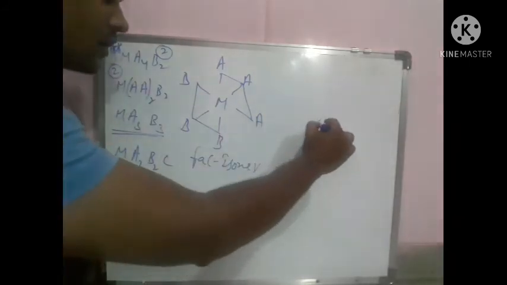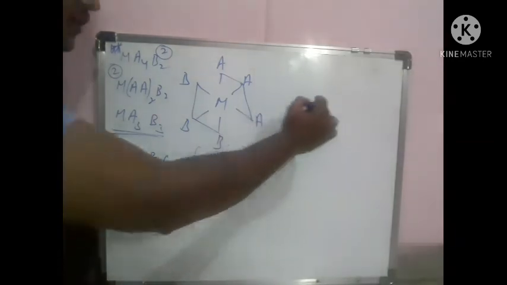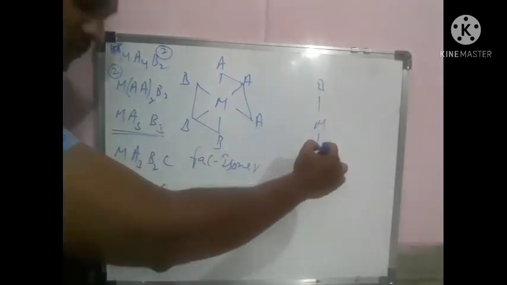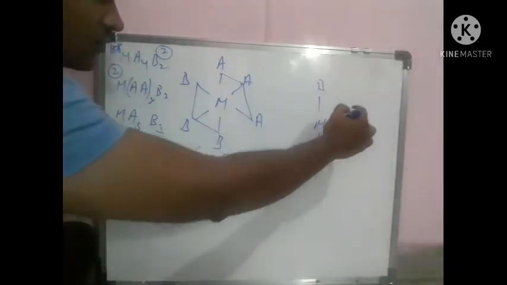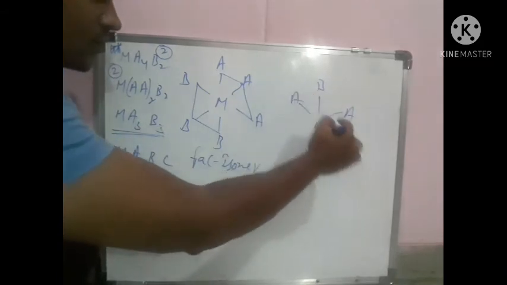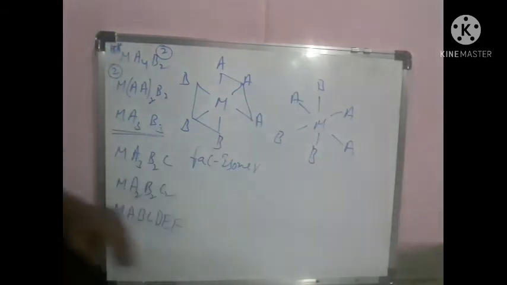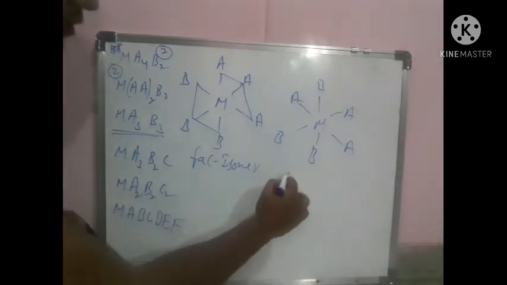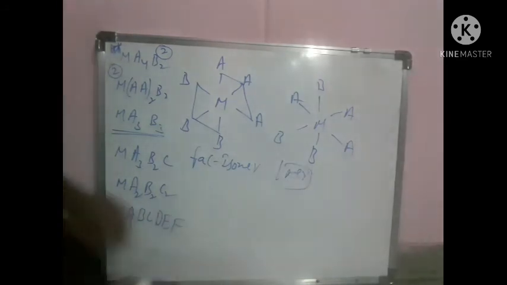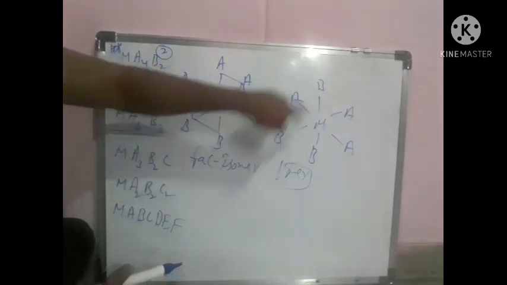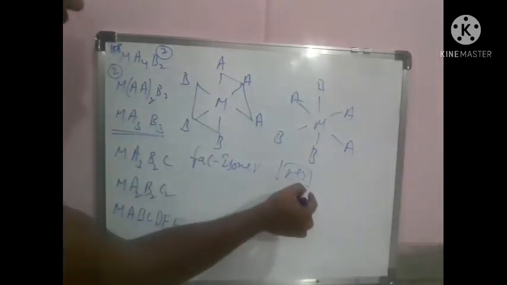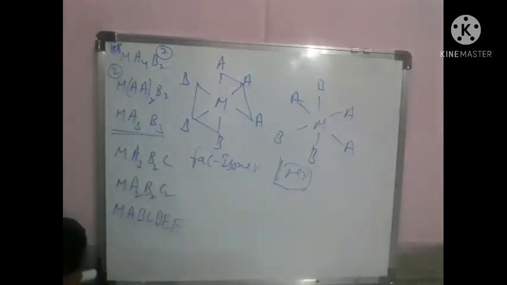And if it is occupied like this, it is called a mer isomer. Because that BB is in trans position, such a kind of isomer is called trans isomer or mer isomer, okay.